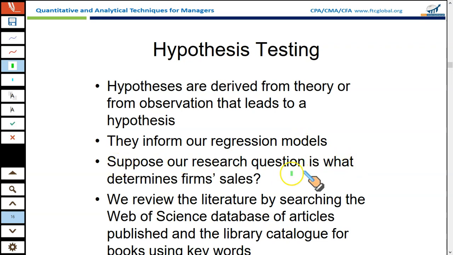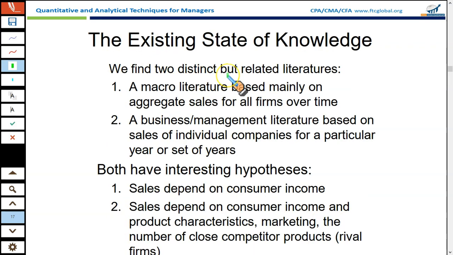Suppose our research question is: what determines firm sales? So we search the literature, the Web of Science database of articles published and the library catalog for books, using keywords. We find two distinct but related literatures.